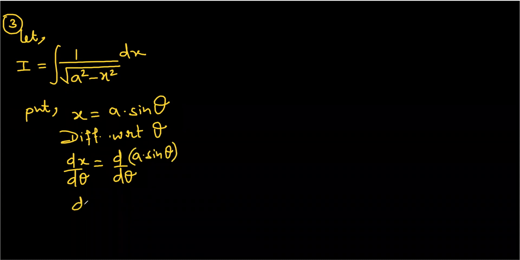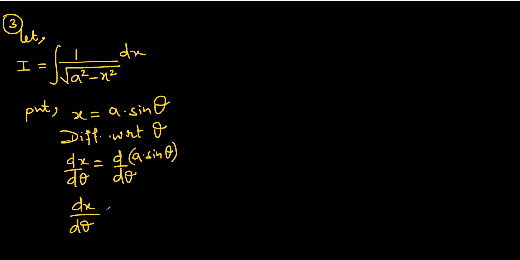So dx upon d theta equals a cos theta, since d by d theta of sine theta is cos theta. Now this d theta will multiply here, and I get dx equals a cos theta d theta.